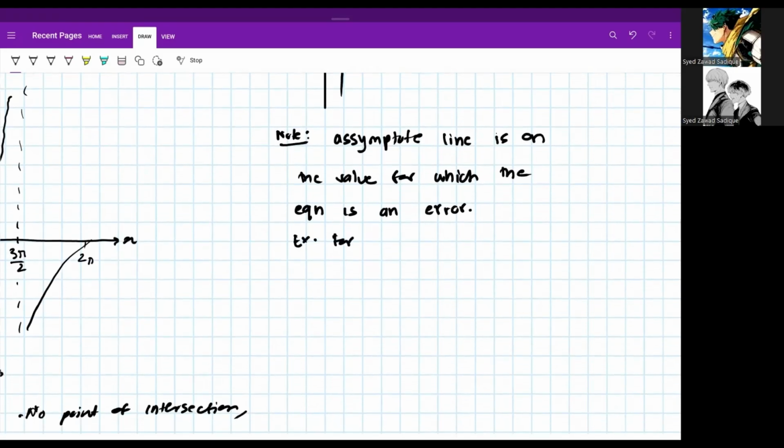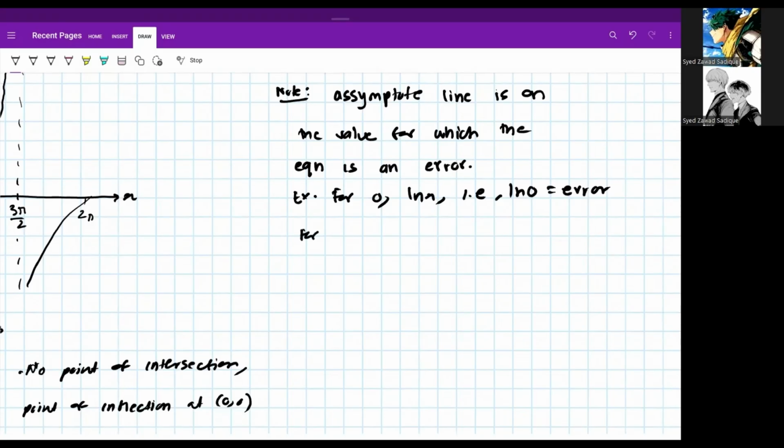Example, for ln x, that is ln 0 equals to error.